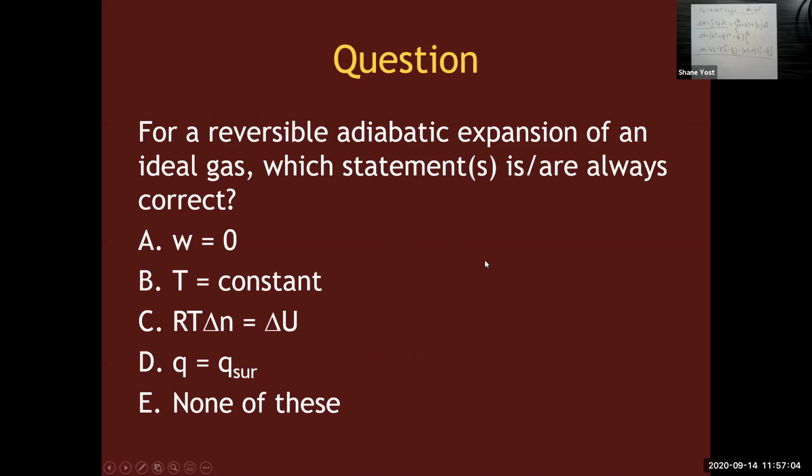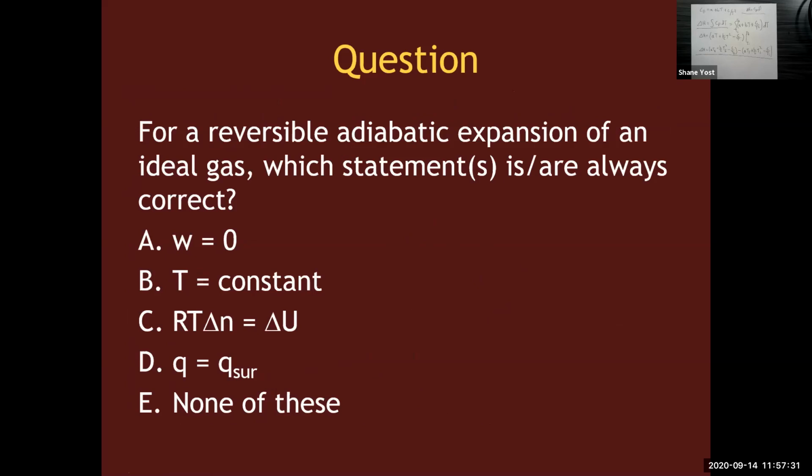Another set of statements, again for reversible adiabatic expansion of an ideal gas. Which statements are always correct? A, B, C, D, or none of these. D here is the only one that's always true, because Q system and Q surroundings are both equal to 0.